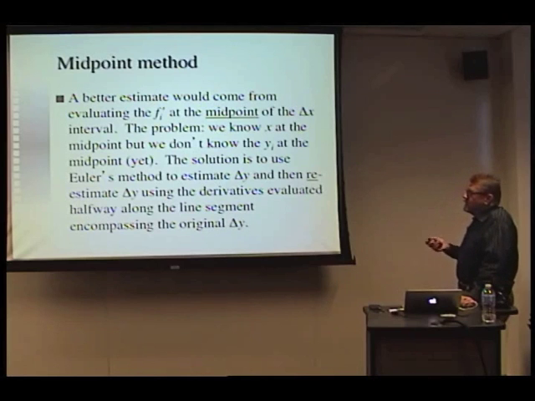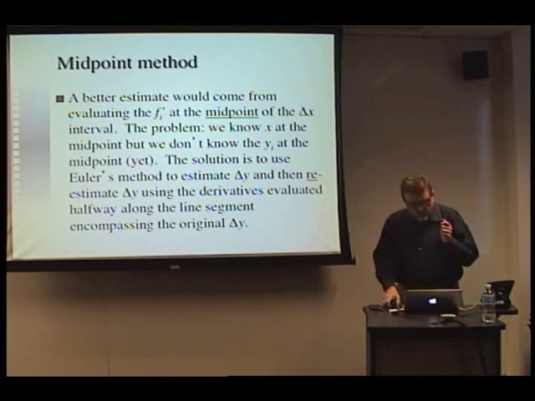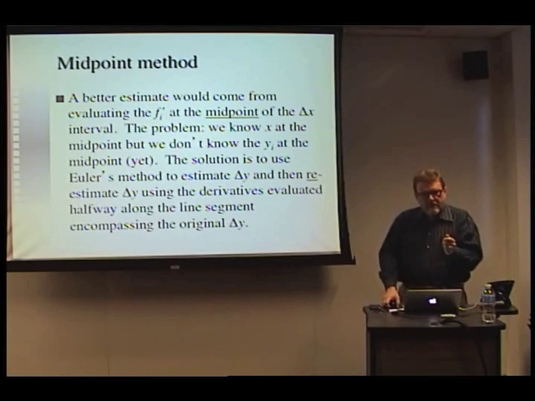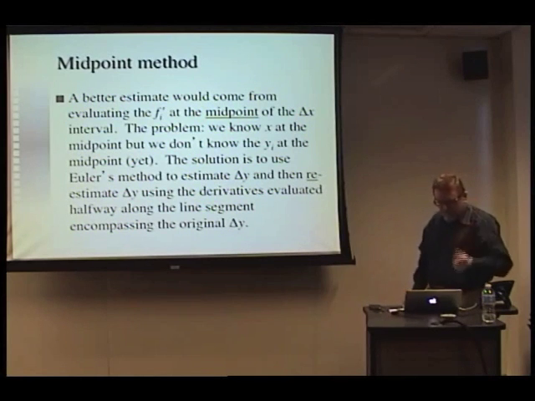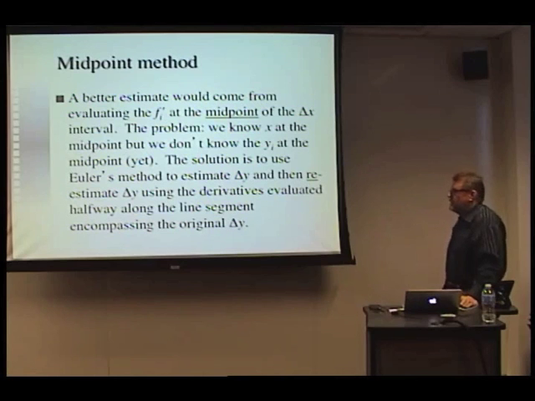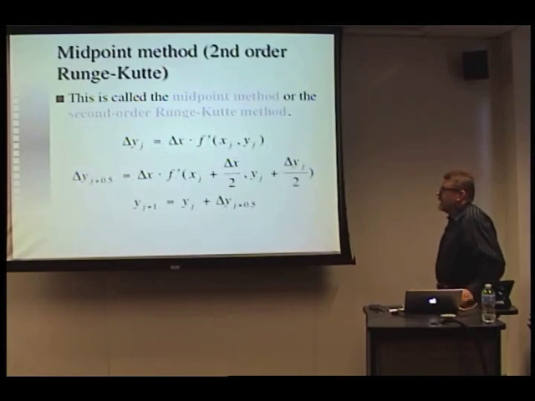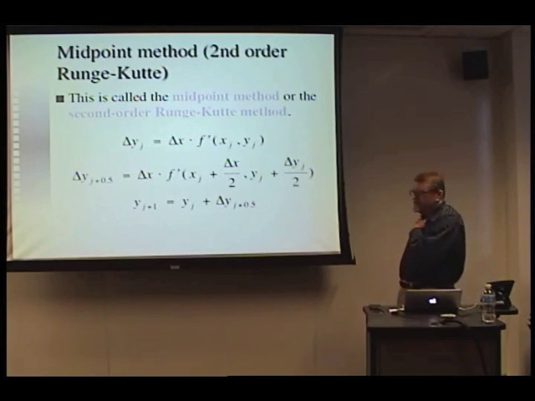So what we do in the midpoint integration method is that we estimate what y would be at the next value of x, and then we average that estimated value in with the value on the other side, and we try to estimate the value at the midpoint. Okay? So that's called the midpoint method. It's also called the second order Runge-Kutta method, as we'll see in a minute.